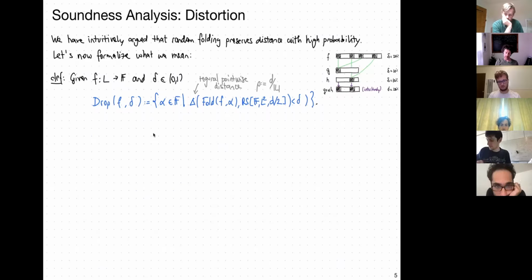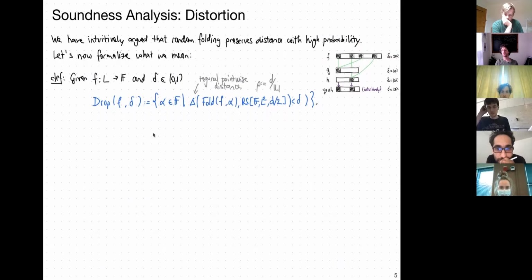So think about it. I started with distance, let's say 20%, and then I'm merging it, and I have 20%. So I want to say, what is the collection of all alphas such that when I'm doing this folding, going from here to here, I lose distance. So the distance drops. That would be the drop set.